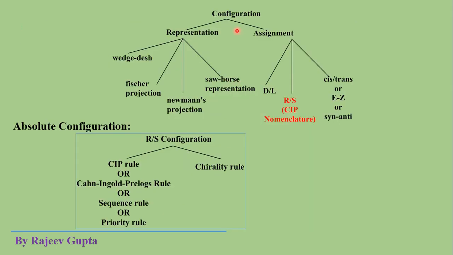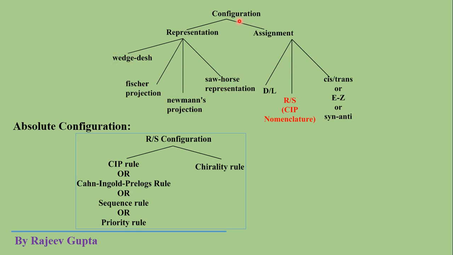Now we have learned in a previous lecture where we represent configuration in different types. There are total 4 types: Wedge dash, Fischer projection, Newman's projection and Sawhorse. We read these representations in that lecture.